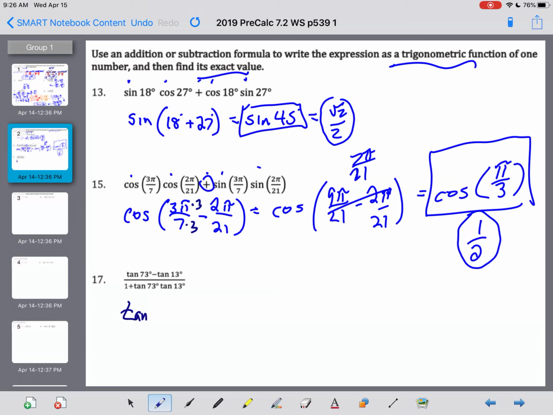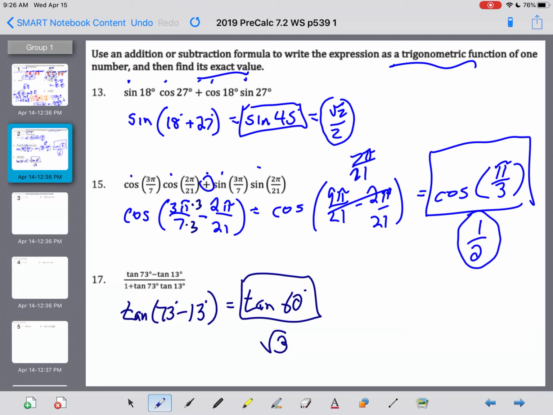So I'm going to take the tangent of 73 minus 13, combined angle there, which is going to be the tangent of 60 degrees. And the tangent of 60 degrees is my one answer. And again, with the newly documented tangent values around your unit circle, this should be root 3.